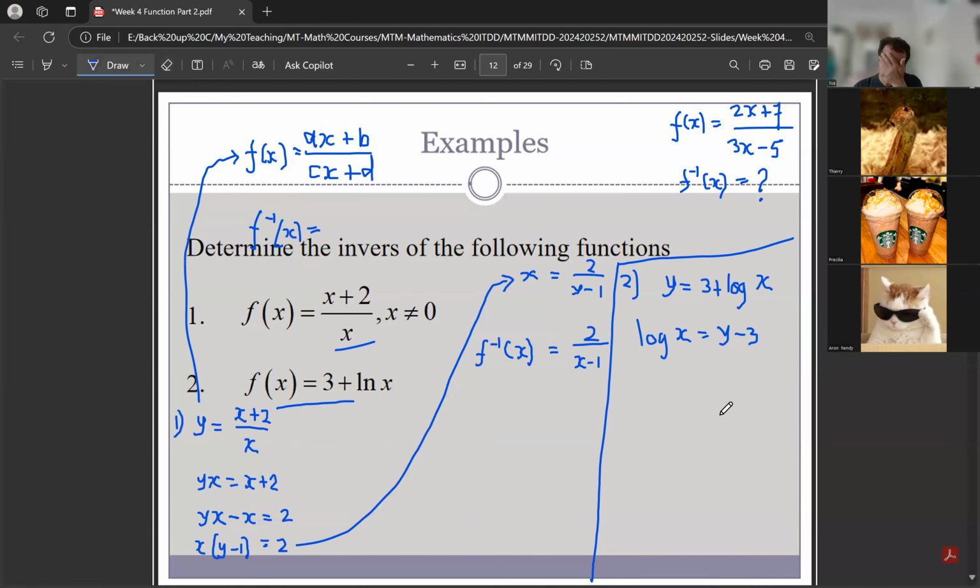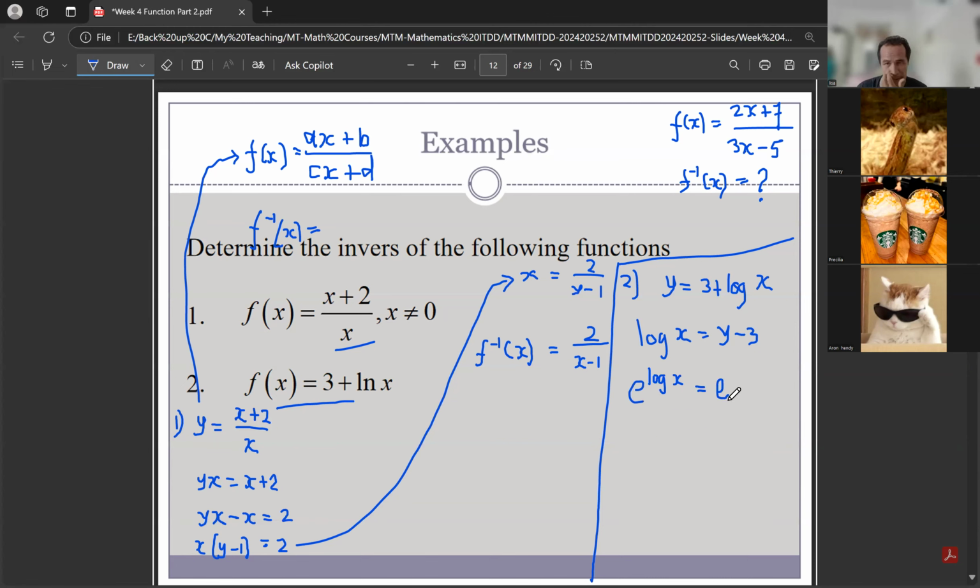And we know that exponent and logarithm are inverses of each other. It means that we apply the exponent function to both sides, e to the power of log x, equal to e to the power of y minus 3.